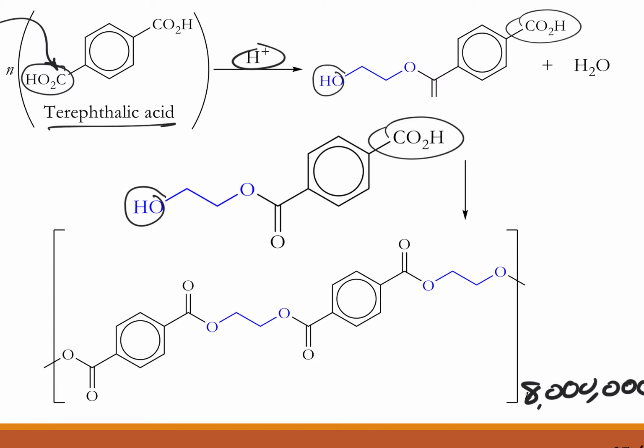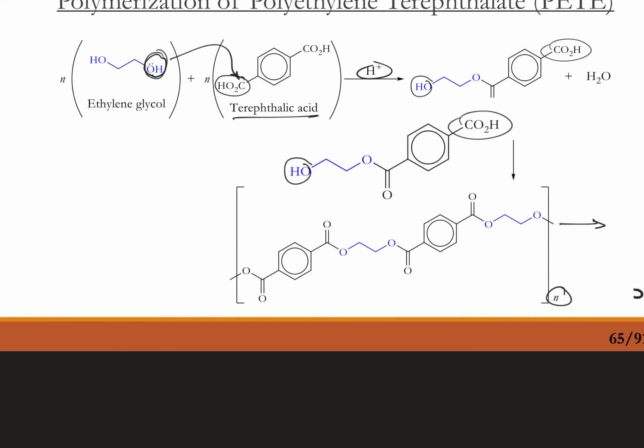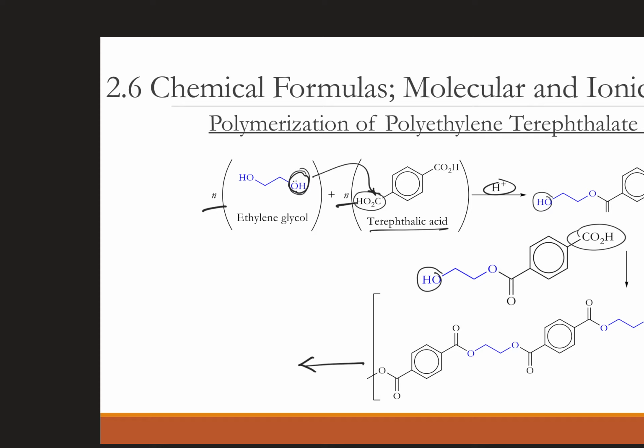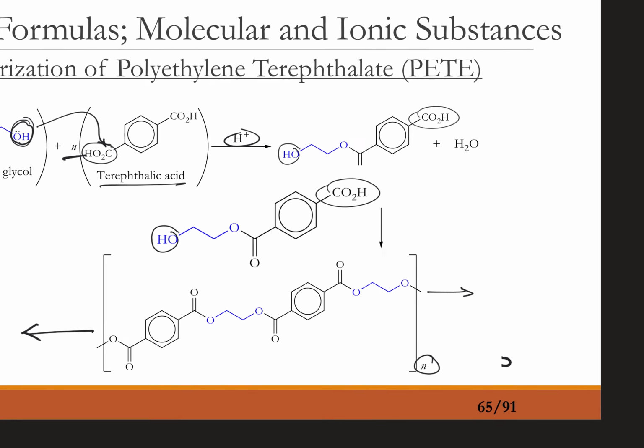Technically this one is a dimer of PET, but again, the n here represents that it's going for some number of times that we're not counting to the left and to the right, with a mixture of lots of ethylene glycol and lots of terephthalic acid. It's just going to make one huge molecule.